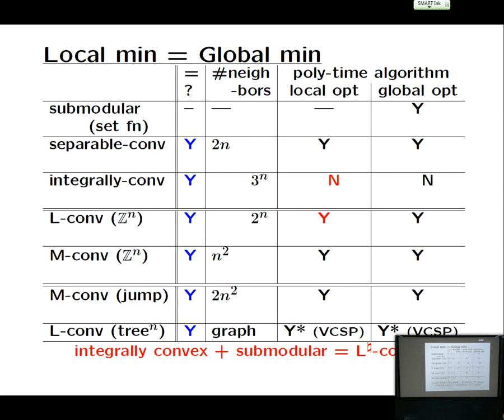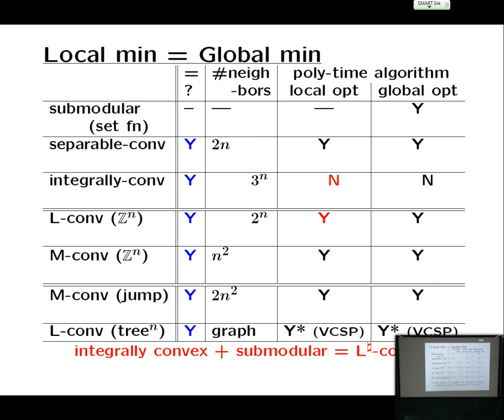It shows the criterion, and whether the local optimality can be checked or not. And this is the complexity for the global optimization algorithm. I didn't explain the details, but based on this or a scaling technique, we can usually develop a weakly polynomial algorithm.